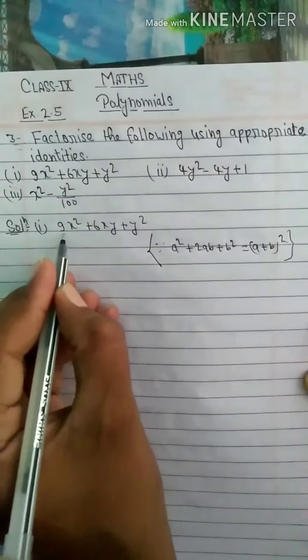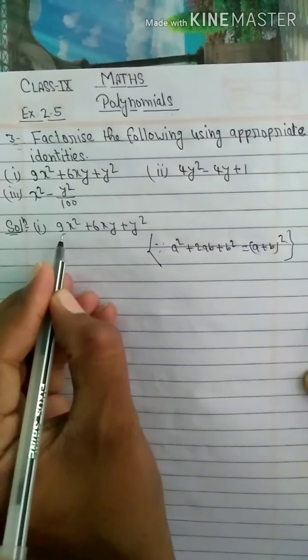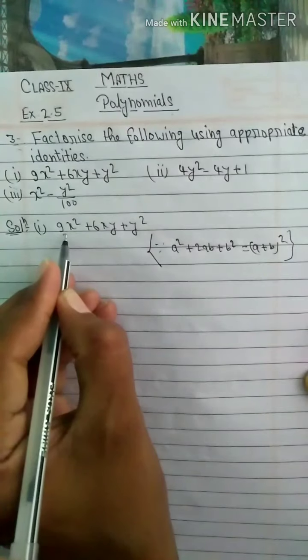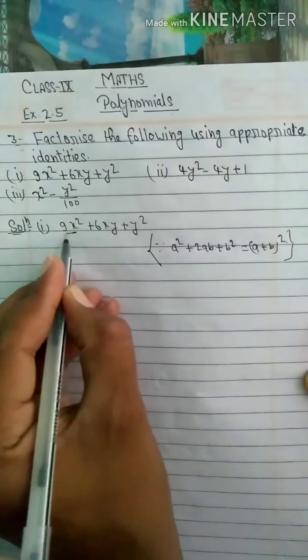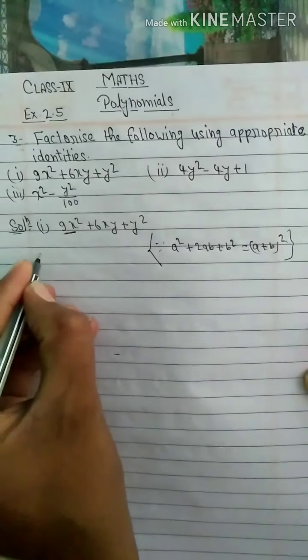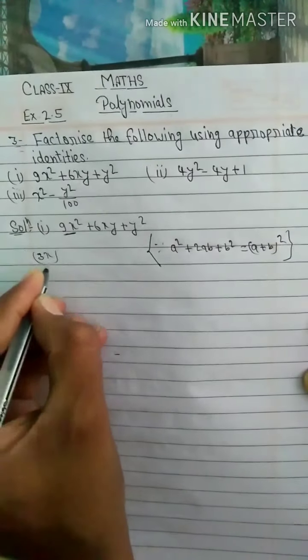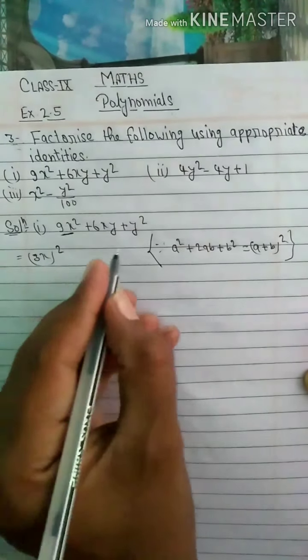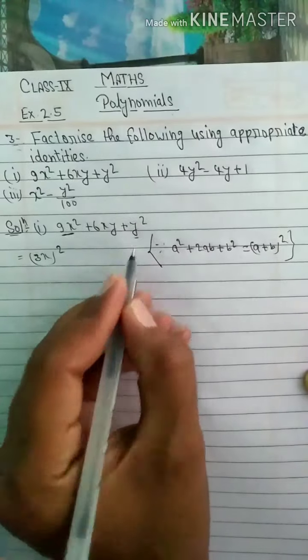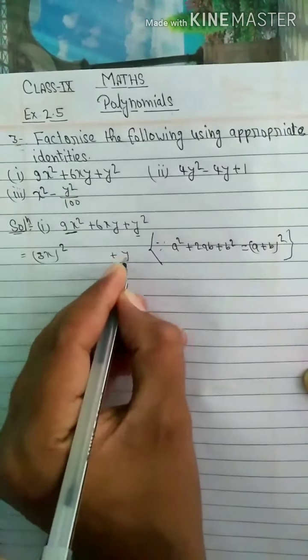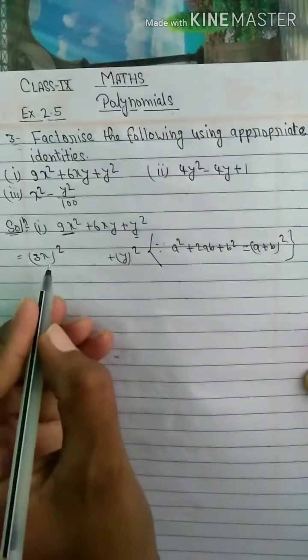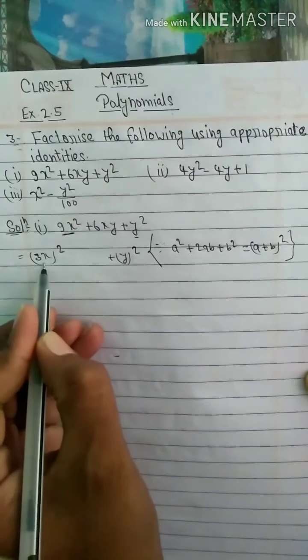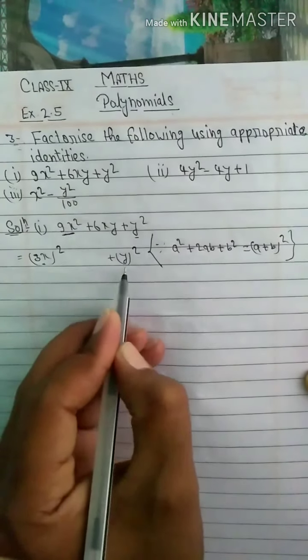First of all we have to see which two terms are perfect squares. 9x square we can write as 3x whole to the power 2, and y square we can write as y whole to the power 2. It means it is clear that this is in the form of a square plus b square.